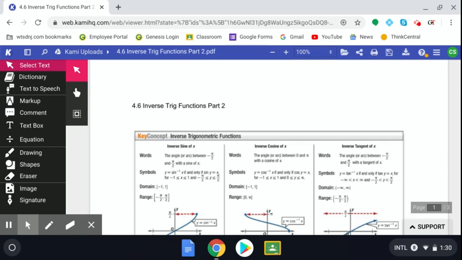Okay, so 4.6 inverse trig functions part 1. In that portion, we covered pretty much everything that is in this chart. This is a summary.